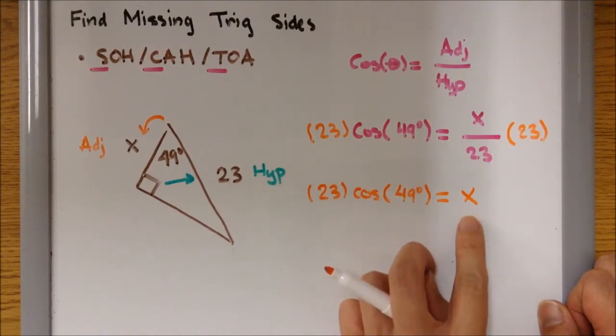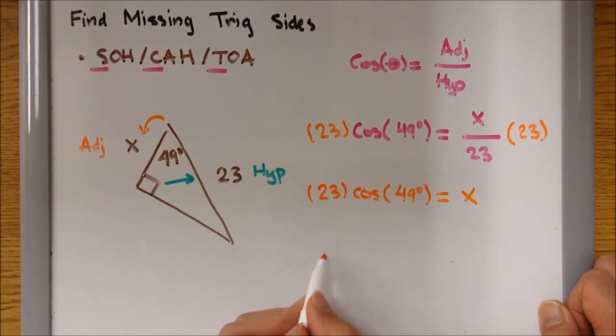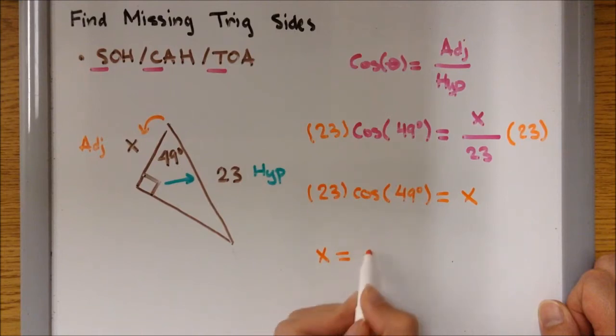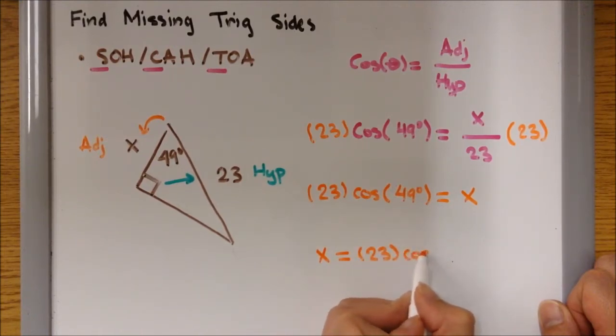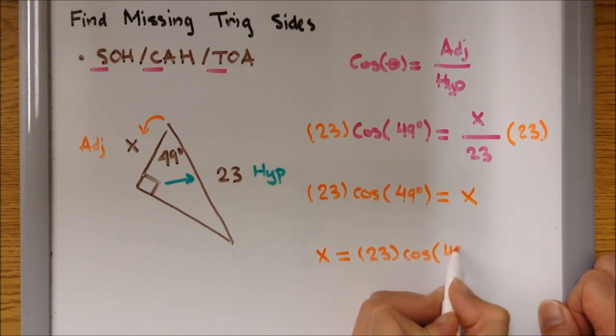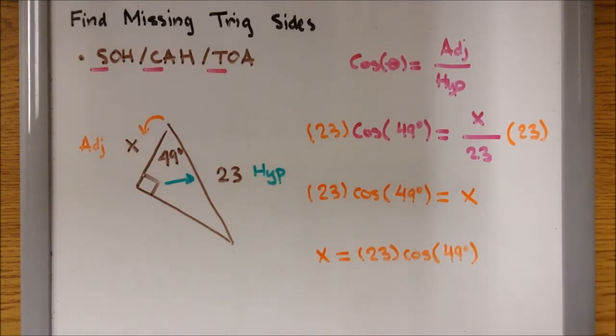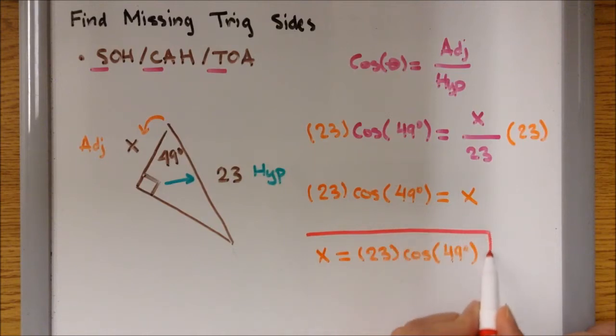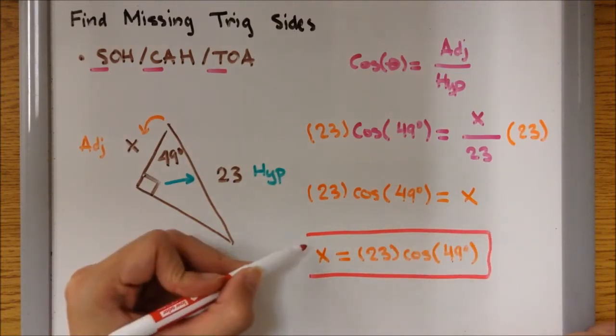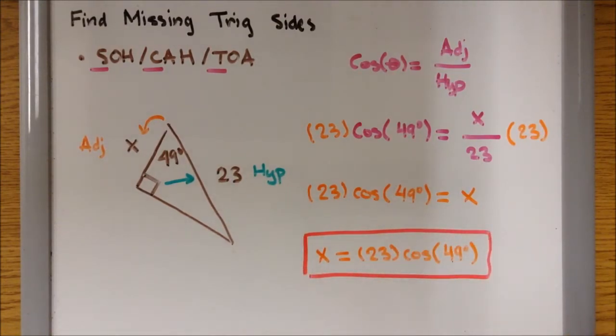So I got x by itself. I'm just going to flip it. So x equals 23 times cosine of 49 degrees. So that's all we have to do. Since I got x by itself, this is our final answer. x equals 23 times cosine of 49 degrees.